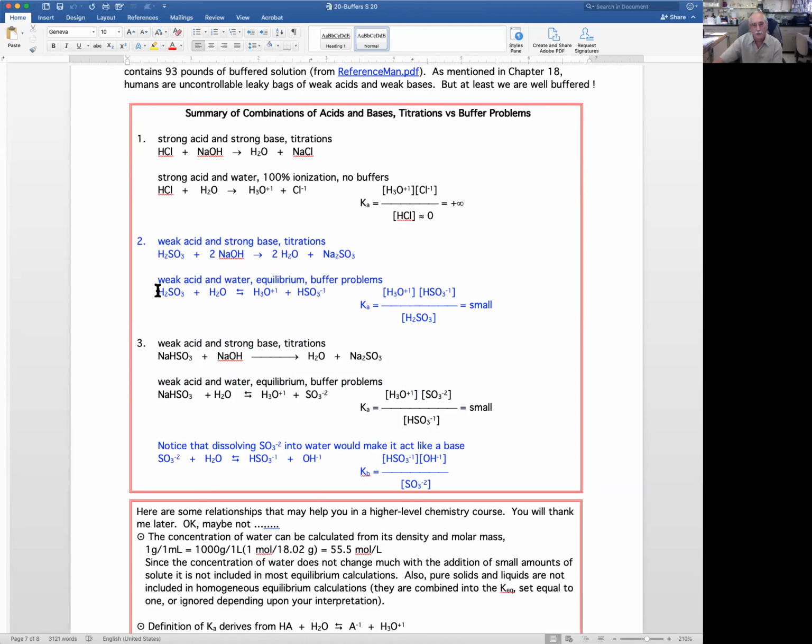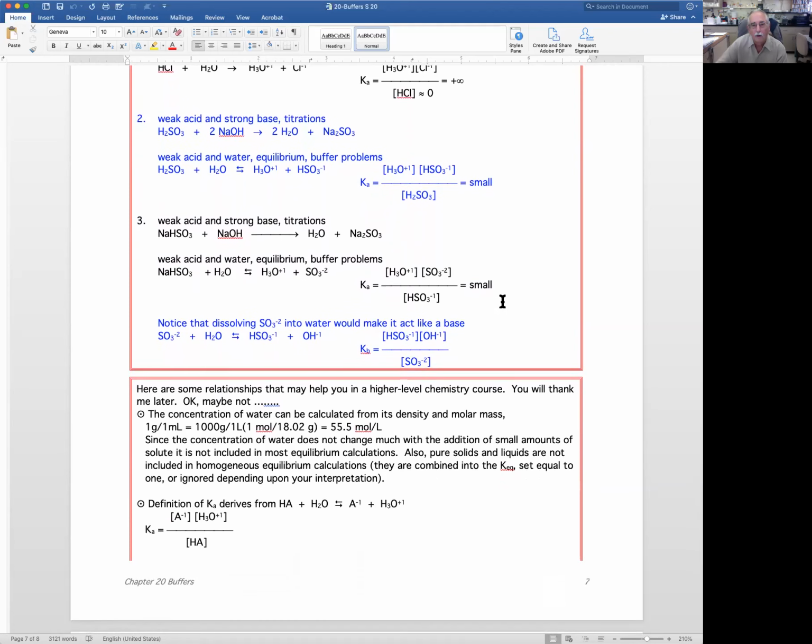What if I take a weak acid and put it in water? Well, no, that's an equilibrium, and I can measure the Ka. The equilibrium constant is not huge. Okay? Might even be small. What if I take a weak acid and a strong base? So a strong base is enough to pull a reaction all the way to completion.